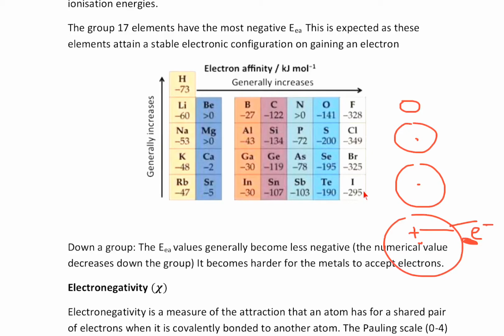Why does it decrease? Because it becomes harder for the atom, whether it's a metal or a non-metal, to accept electrons because the size of the atom is increasing. So even if you look at group 1, as we go down the group, the size increases, so the electron affinity values become less negative, or the numerical value decreases. Same thing down all the groups.